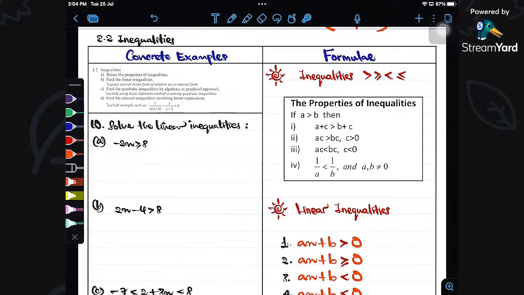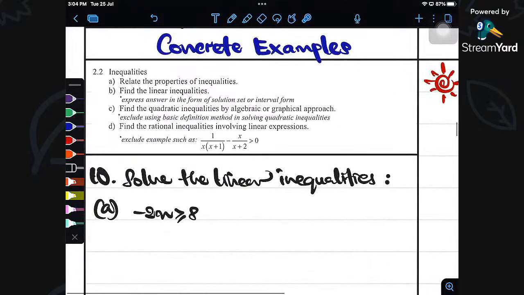Let's begin by looking at the learning goals. Just go through a bit of these 4 learning goals here. The first one is to relate the properties of inequalities. We will go through that later. The next goal is to find the linear inequality.